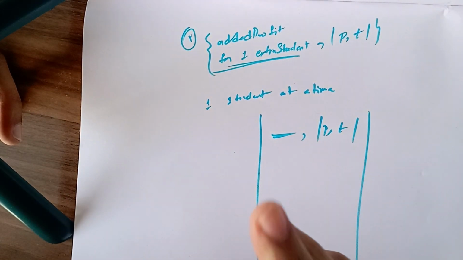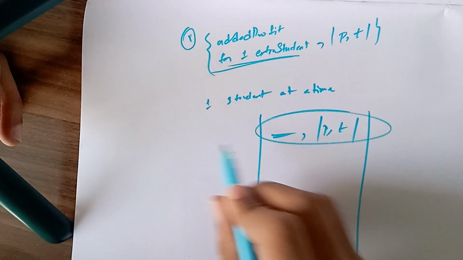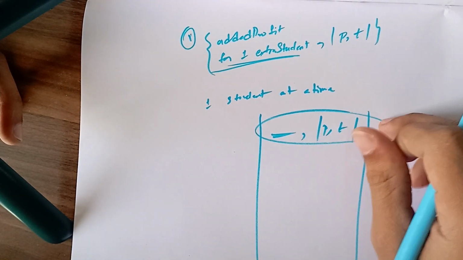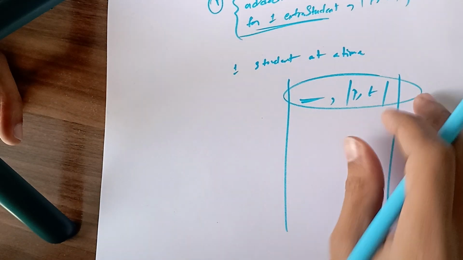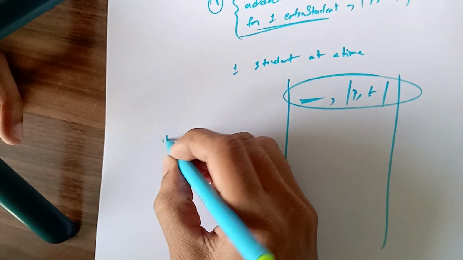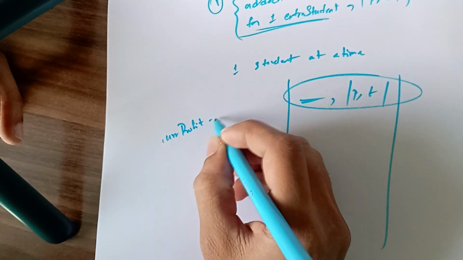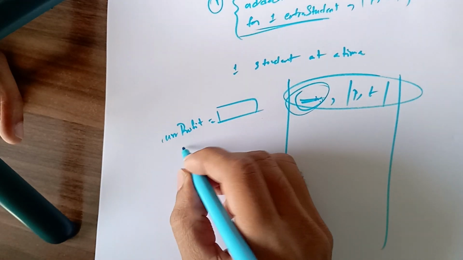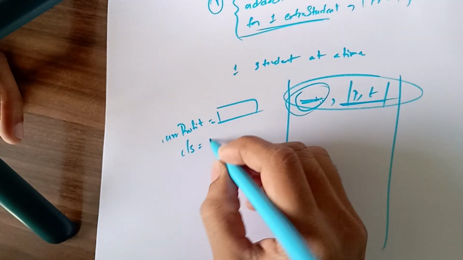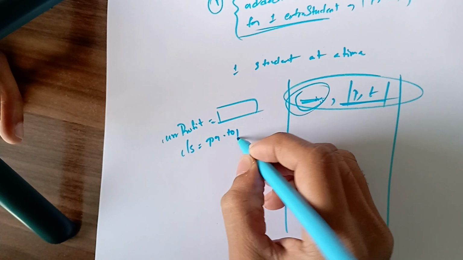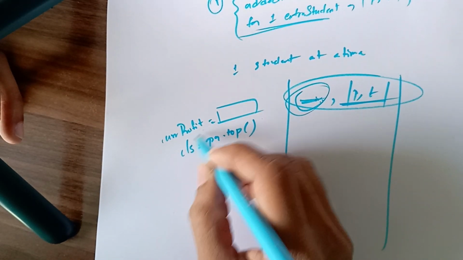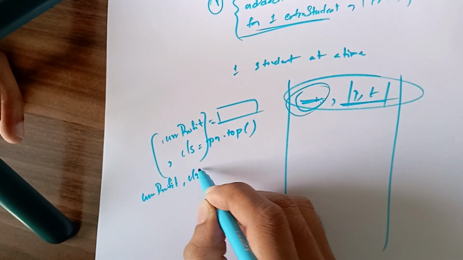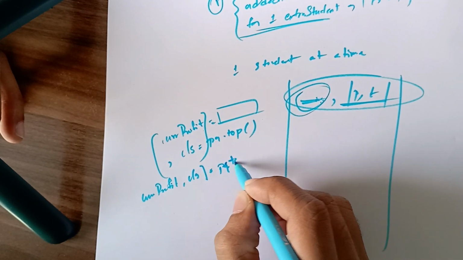Now we'll be having the maximum profit at this stage, and we'll be having the passing students and the total students. Now the thing is, we need to remove the first or the topmost element from the priority queue. Now after taking out this, the current profit will be this one. Now it will be current profit comma class is equal to pq dot top.